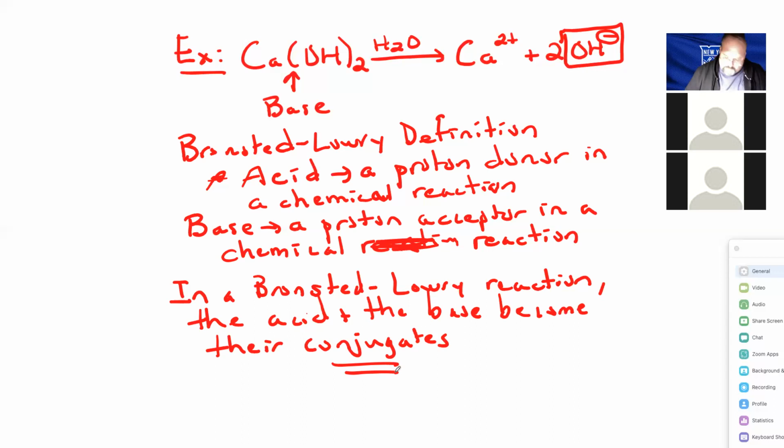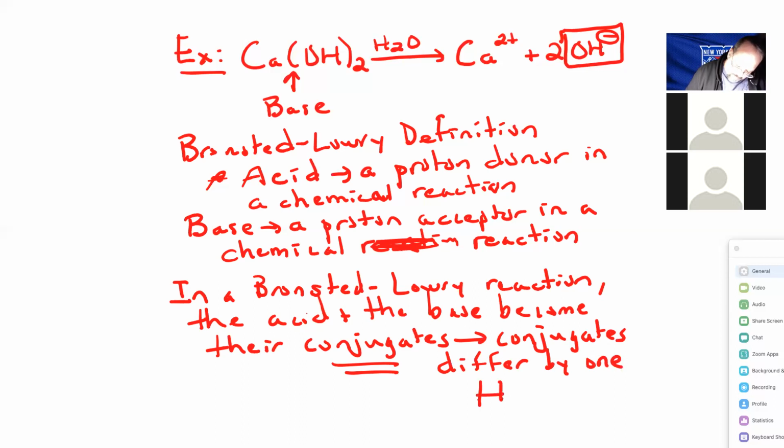If you saw the notes, you know that conjugates differ by one proton, one H plus. So two species that differ by one proton are considered conjugates of each other.